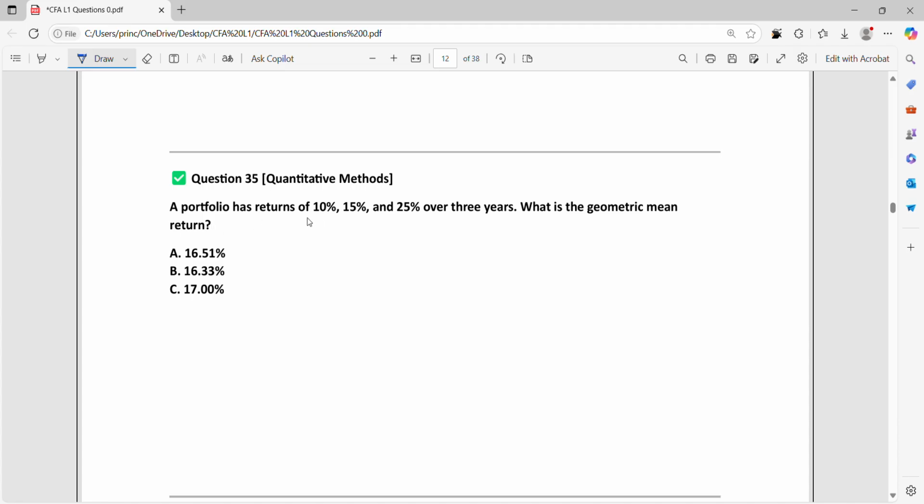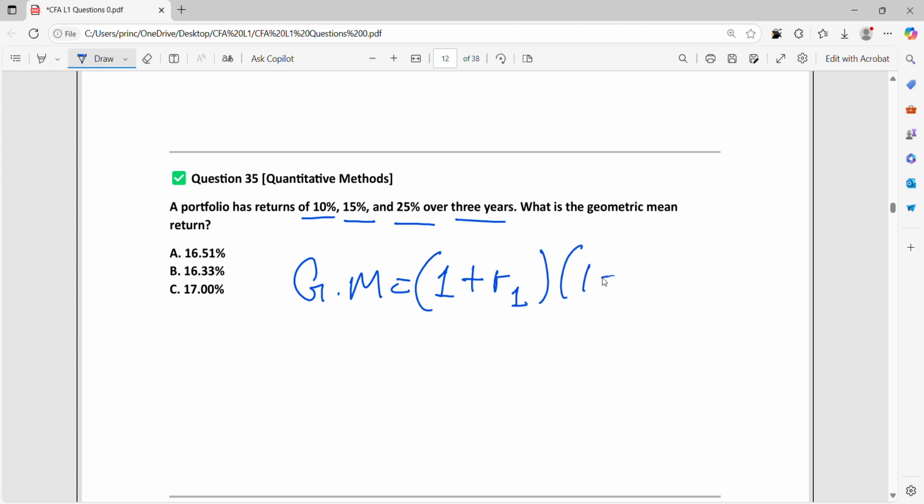A portfolio has returns of 10%, 15% and 25% over 3 years. What is the geometric mean? So the formula of geometric mean is equal to 1 plus return of the first year, 1 plus return of the second year, 1 plus return of the third year, to the power 1 by 3, minus 1.